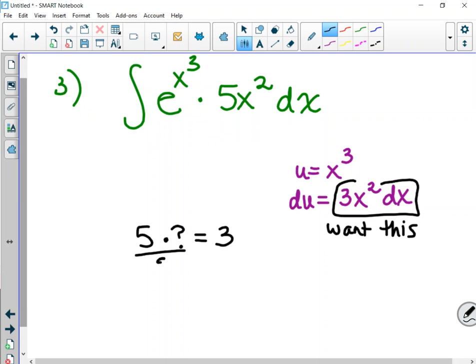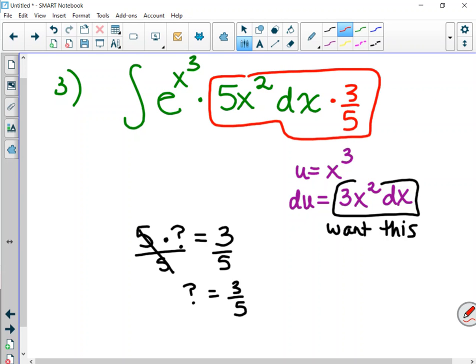That's right. If I solve this equation, the mystery number is 3 over 5. A 3 over 5 times a 5 will make a 5 into a 3. So 3 over 5 makes this what I want it, because a 5 and a 3 over 5 will make a 3, and then I'll have the 3x squared dx, which is exactly what I want to be the du. 3 over 5 on the inside, 5 over 3 on the outside.